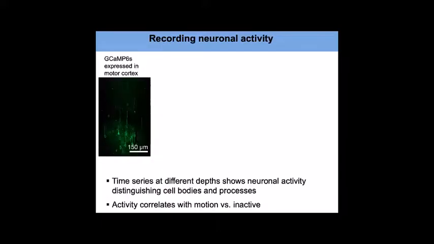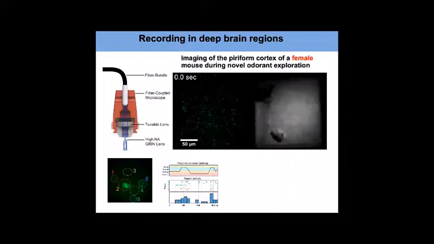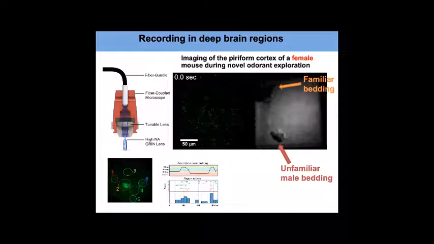Okay, and these are the measurements that my graduate student Barish Ozbay did. This is just looking at signals that were taken in 3 different layers. And this is showing the mouse in a cage.